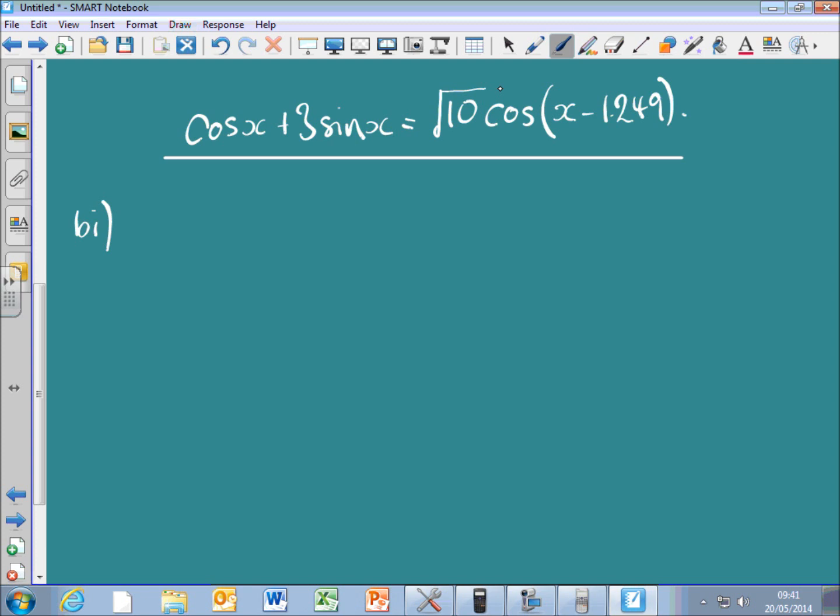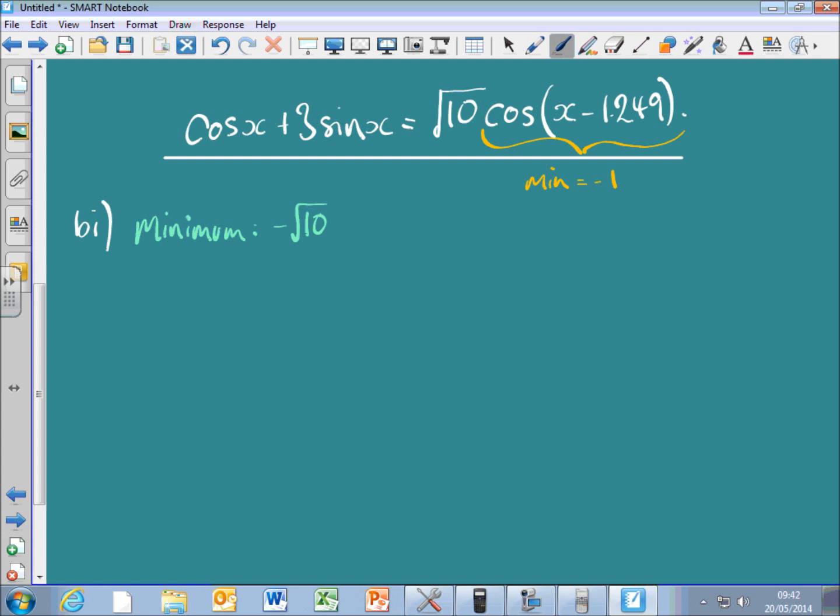Because cosine can only take values between 1 and minus 1. So the minimum that this can be is minus 1. So the minimum that cos x plus 3 sine x can be is minus 1 times root 10. So the minimum is just negative root 10.